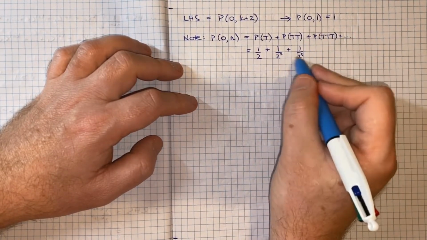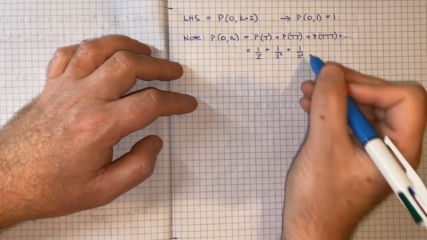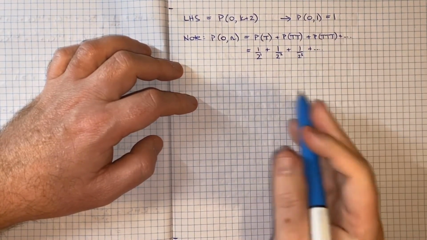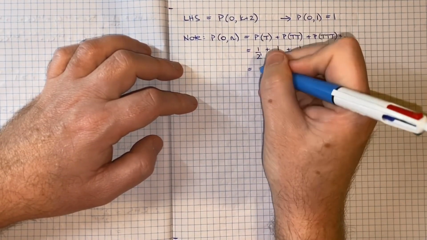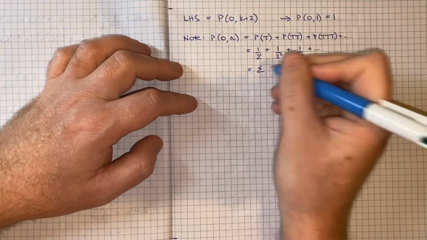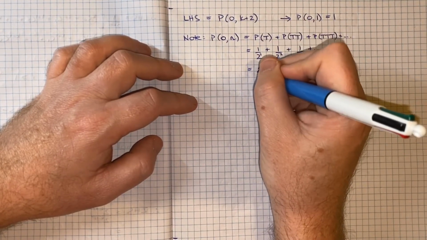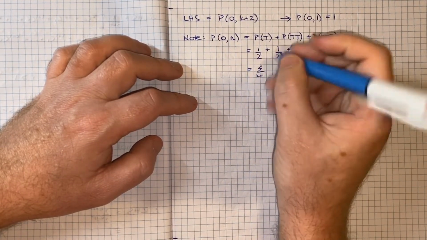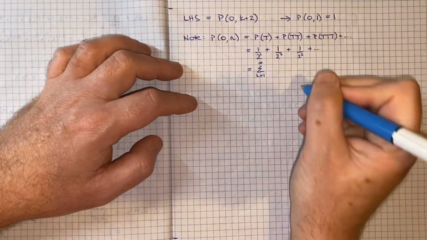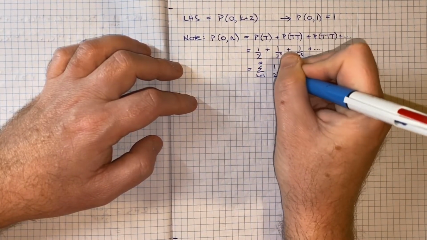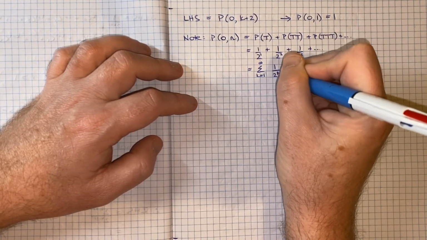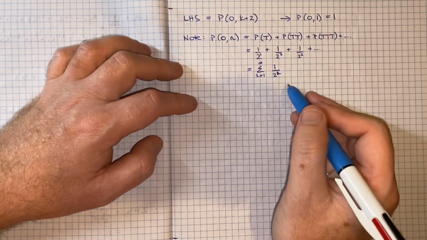And I'm deliberately keeping it like this, 2 to the 1, 2 squared, 2 cubed, and so on forever, because that is the sum from, I'll just pick k, it's probably not the most helpful letter, but k equal to 1 to infinity of 1 on 2 to the k, is how you might see this style of thing written out.